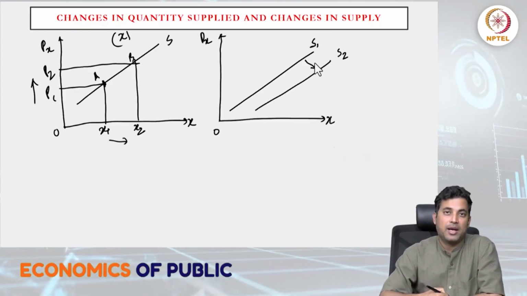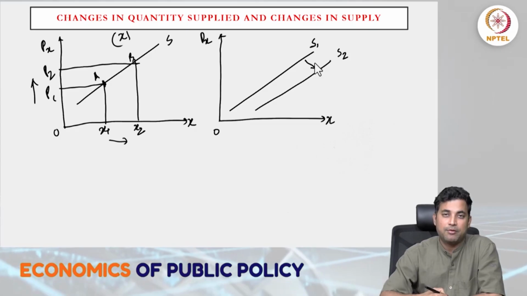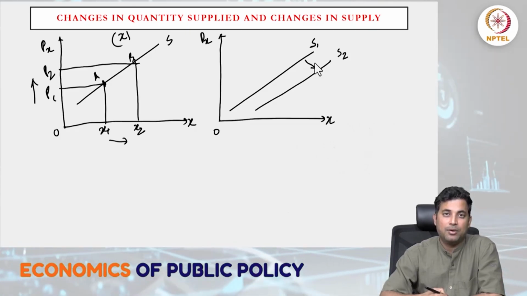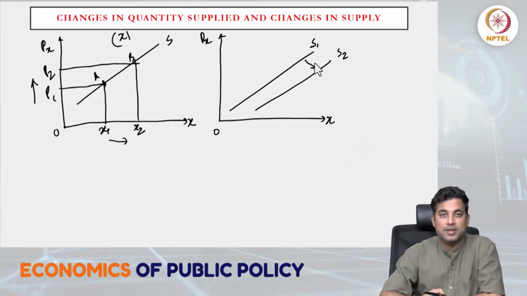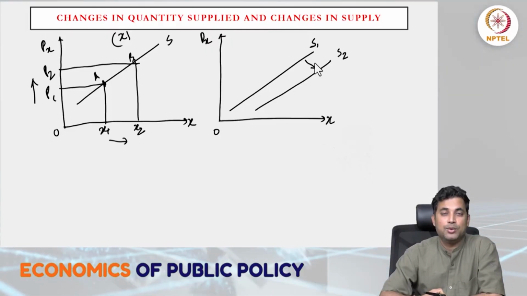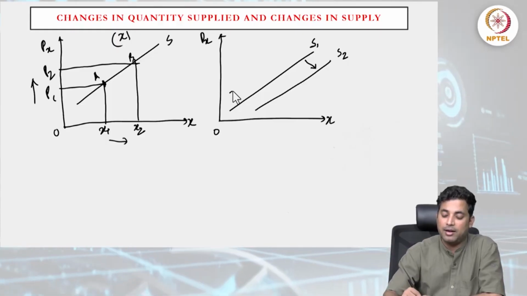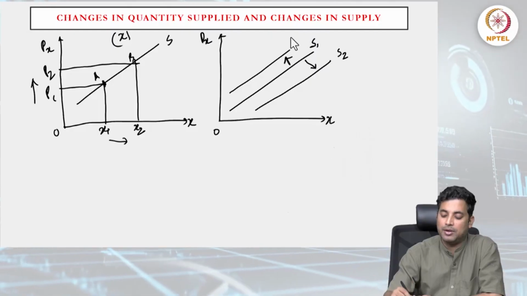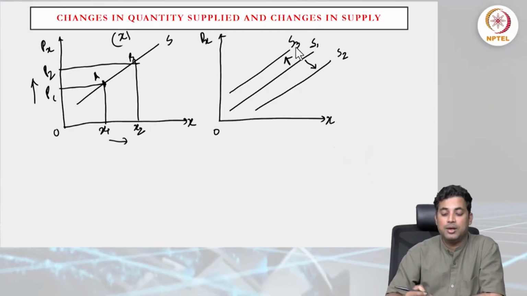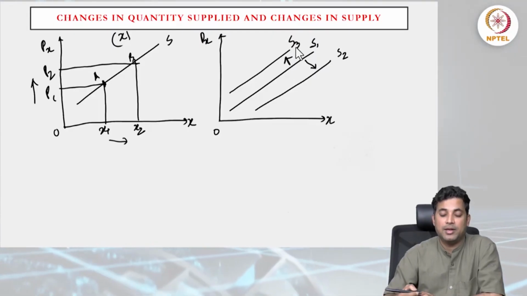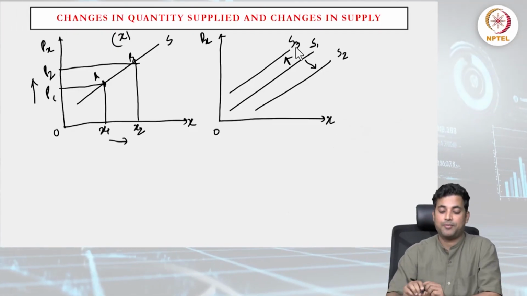Or say input prices have increased, and therefore supply for that particular commodity will be reduced, or any economic shock happens, and then producers decide to reduce the total quantity supplied, and then it will move leftward like S3. So this is how the supply curve changes, moving rightward and leftward.